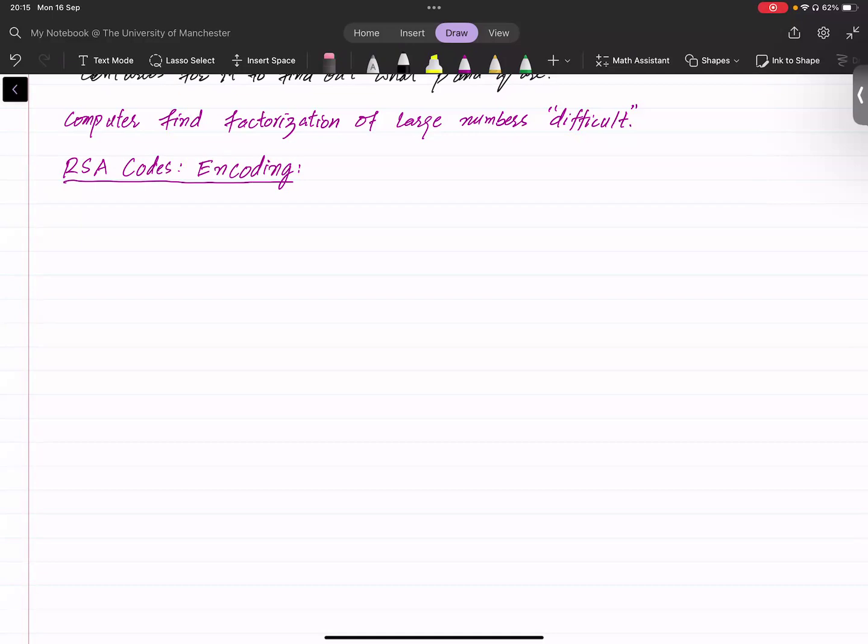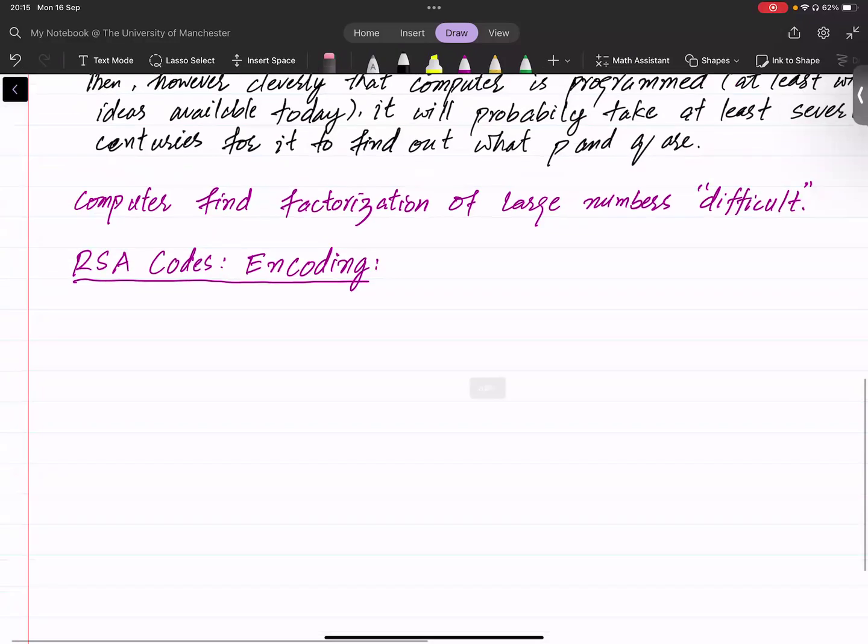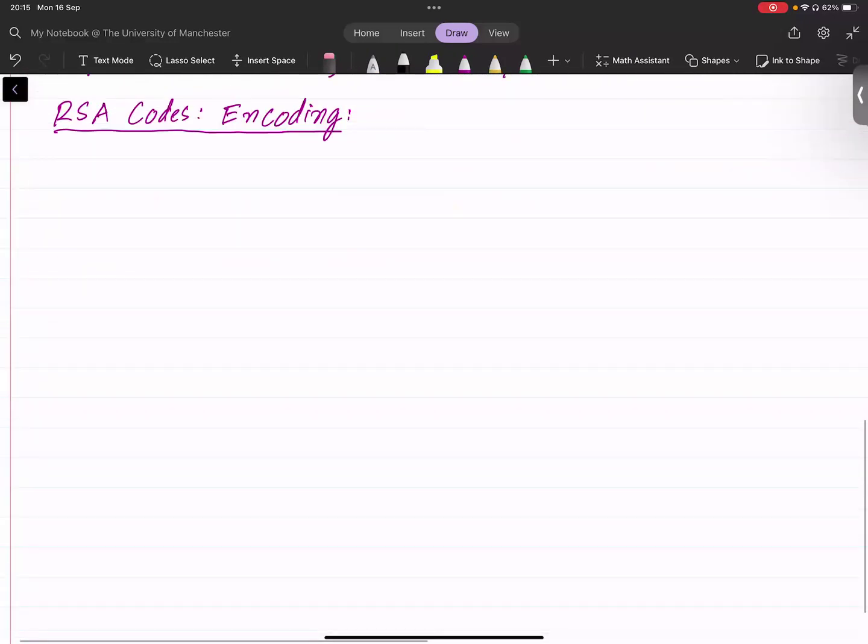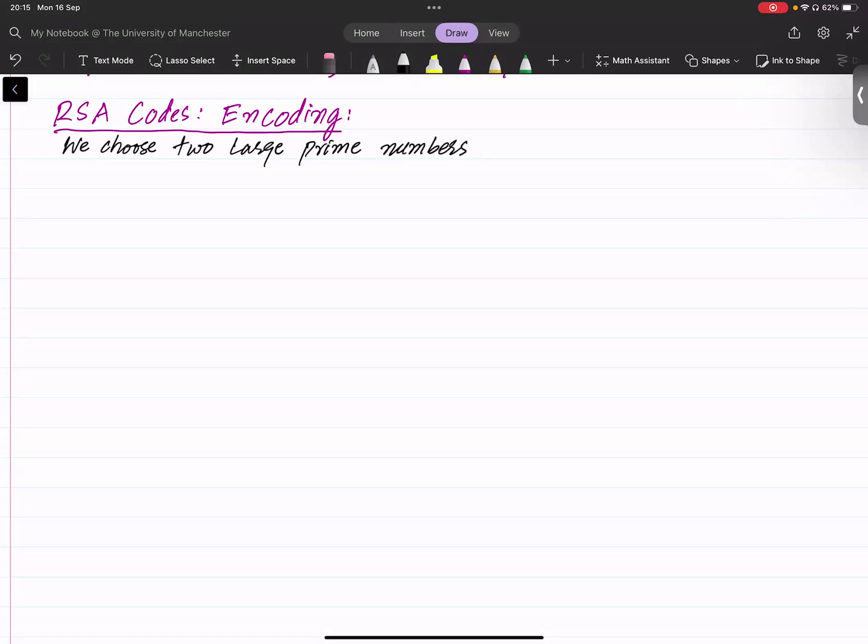Let's say we choose two large prime numbers P and Q and multiply them together to get N equals PQ.